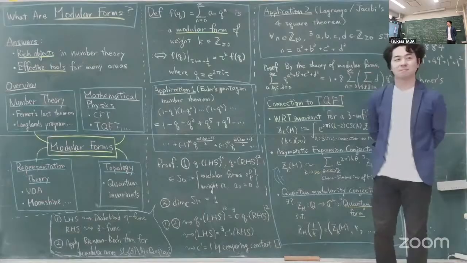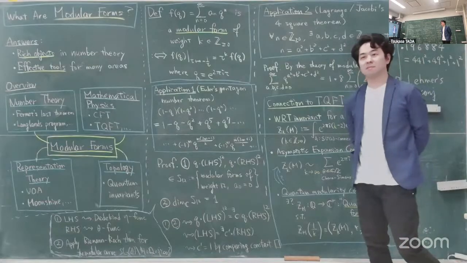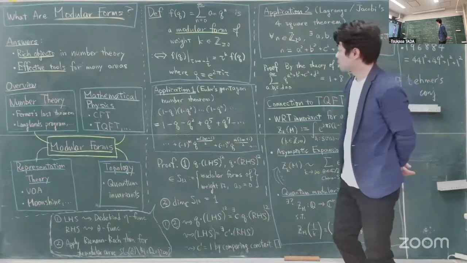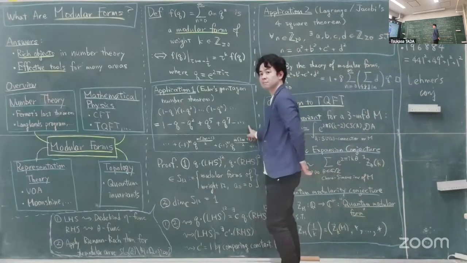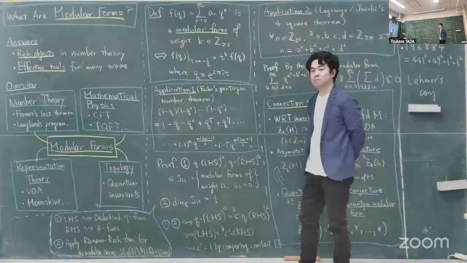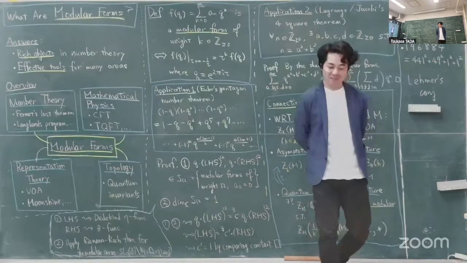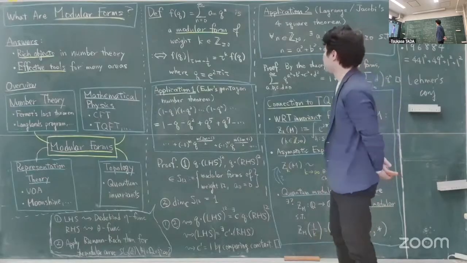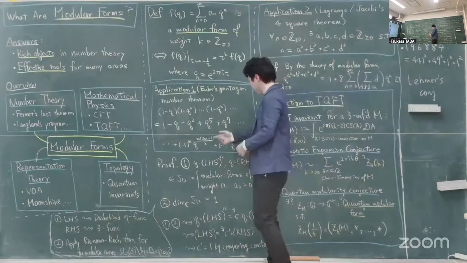I have a very naive question. In your proof of the first application, it's not immediate to see why the power of 12 is important. And also, why is it called the pentagonal number theorem?